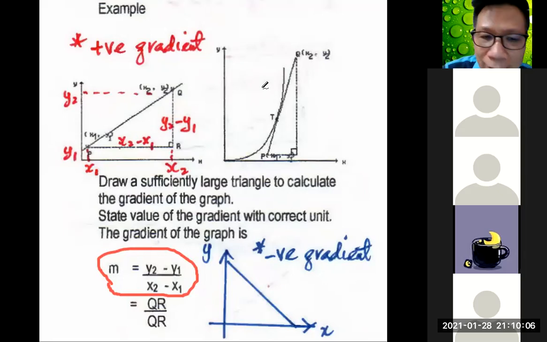Can. Yes, right. It's up to you. You put here x1, y1, x2, y2, or you reverse it also can. Understand? Okay. So remember that to find gradient, you take y minus y divided by x minus x. So got positive, got negative.